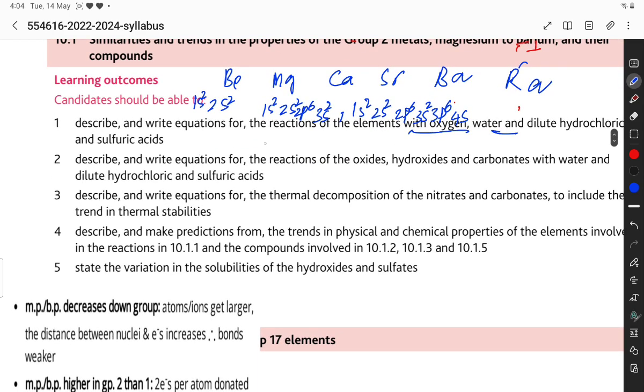For example, the reaction of the elements with oxygen: magnesium plus O2 forms MgO with a white dazzling flame.